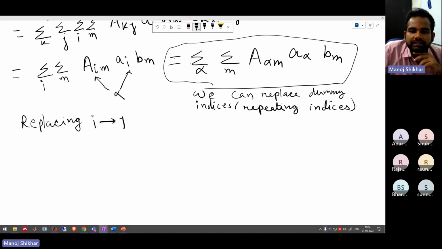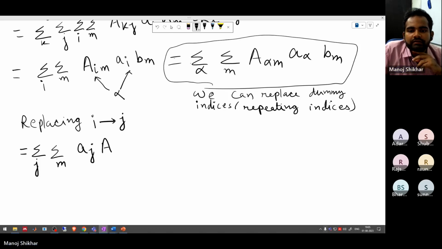Replacing I by J, it is equal to summation over J, summation over M, A_J, A_JM, B_M.